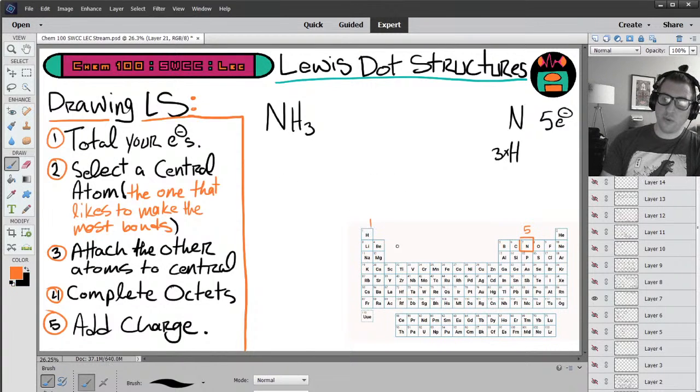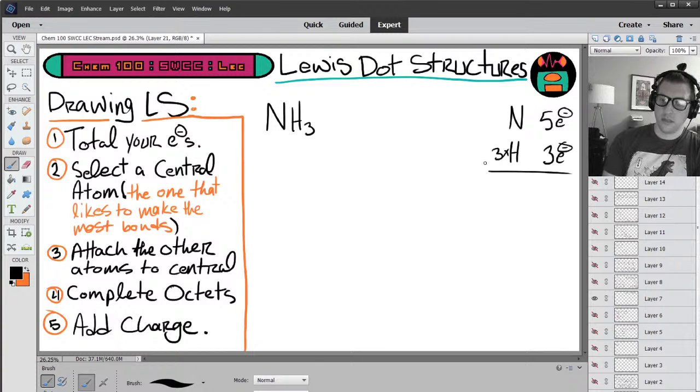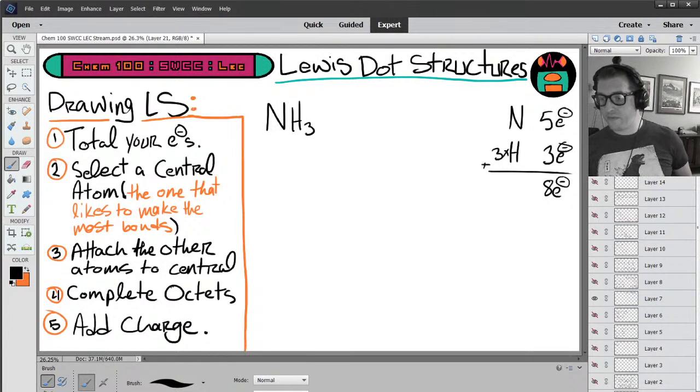But because we have 3 hydrogen atoms, all 3 hydrogens together are going to bring a total of 3 electrons to the mix. So this gives us a starting budget of 8 electrons.